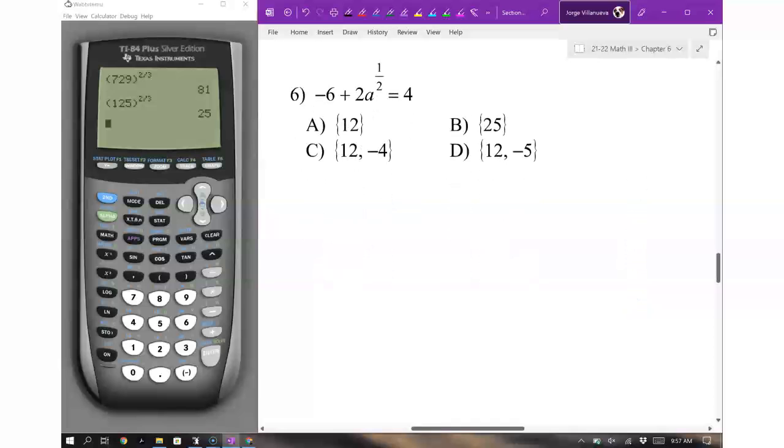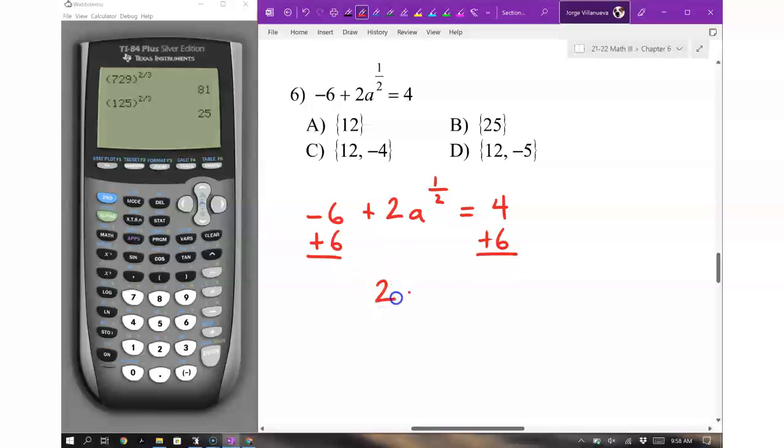Now this time, the a is raised to the half power, but you see that negative 6, that doesn't have a fractional power. So we do have to get rid of that negative 6 by moving it. The way I get rid of that negative 6 is to do what to both sides? Add it, right? So let's add 6.